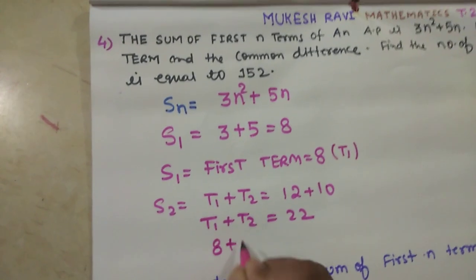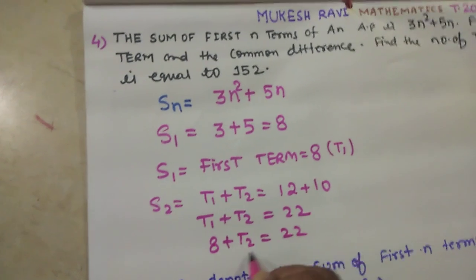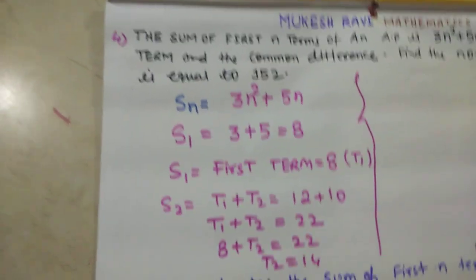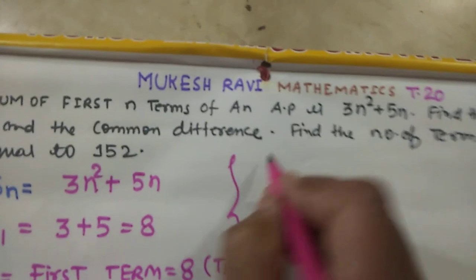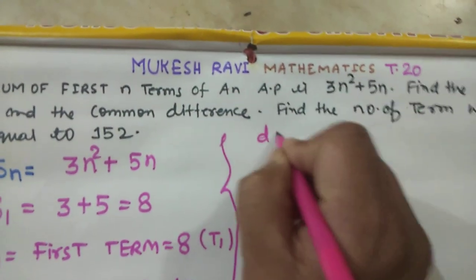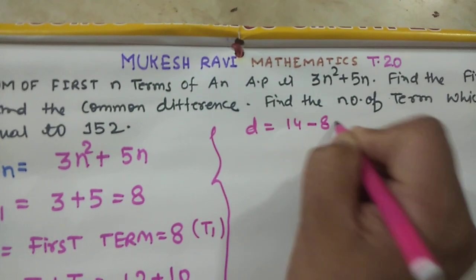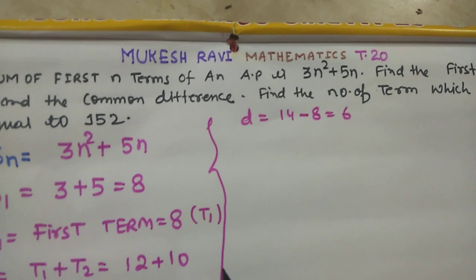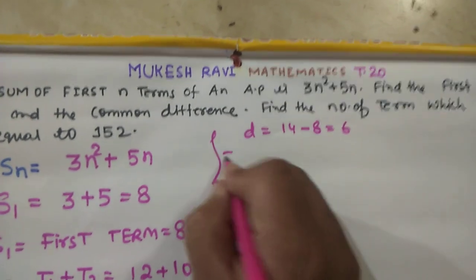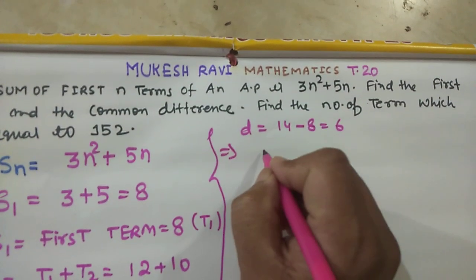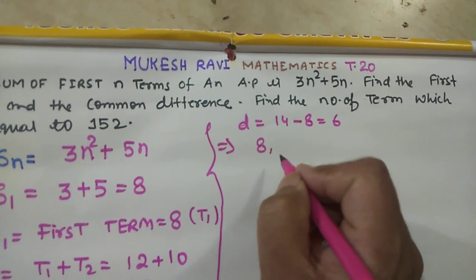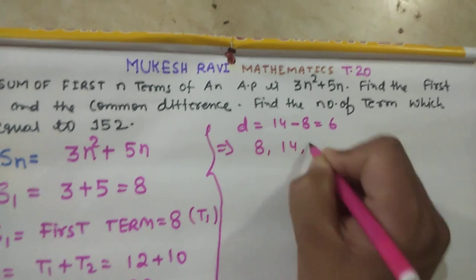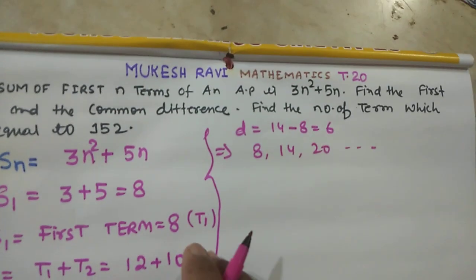So 8 plus T2 equals 22, T2 equal to 14. So it means what? Common difference: 14 minus 8, 6. So this implies the AP is 8, 14, 20 and so on.